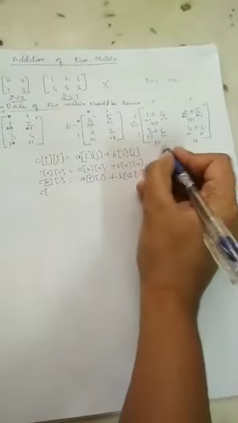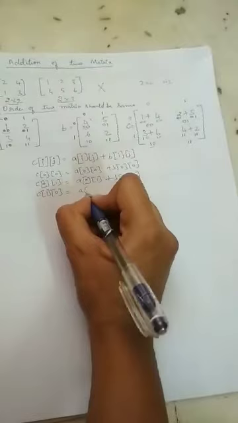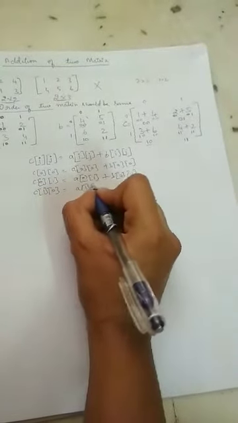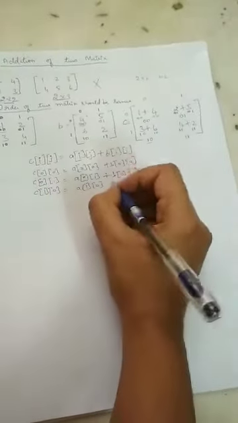C of 1, 0 position. There we store A of 1, 0 and then B of 1, 0.